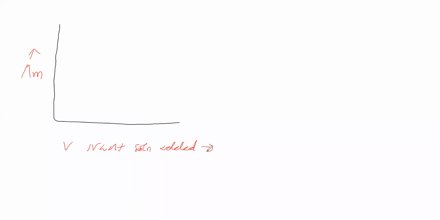Initially, the volume of sodium hydroxide added is 0, so lambda m will have some value. You are adding some more sodium hydroxide, so lambda m increases.